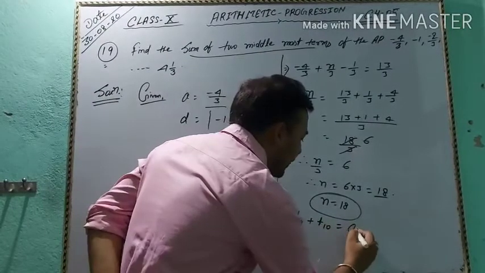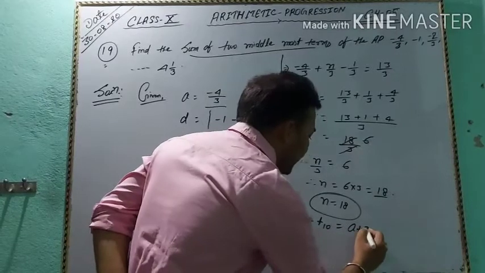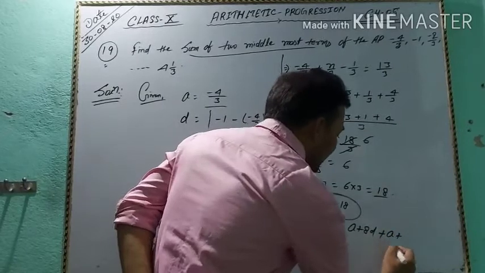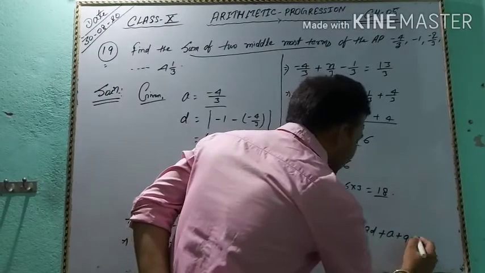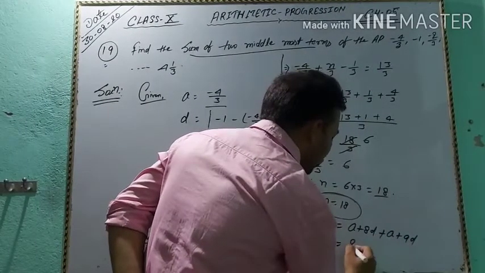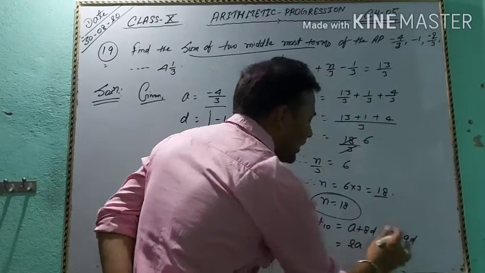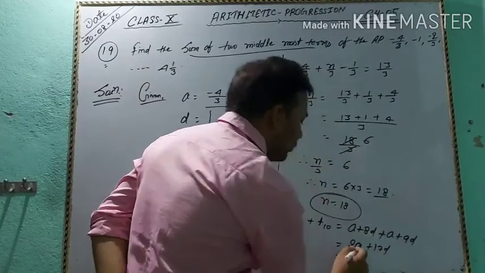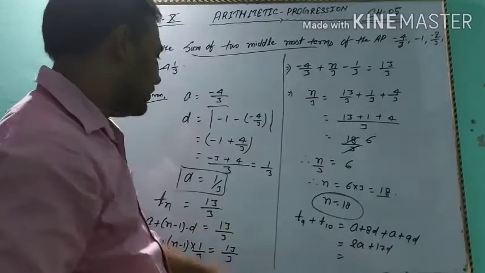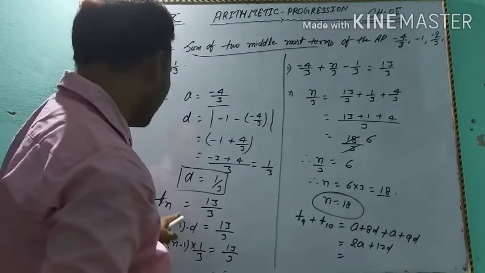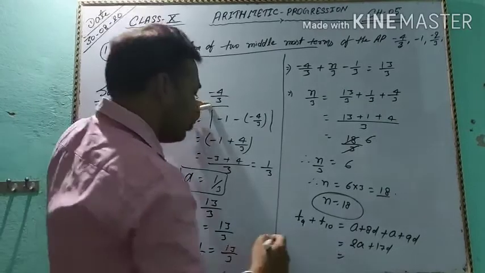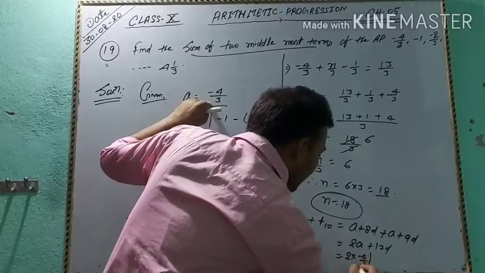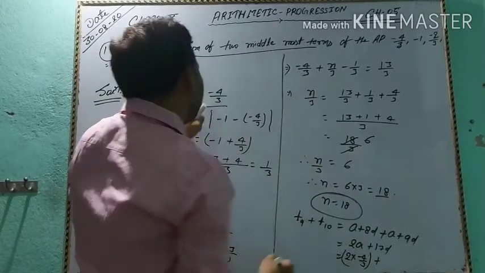T9 is a plus 8d and T10 is a plus 9d. So we get 2a plus 8d plus 9d, that is 17d, and put the value of a and d in this equation. a equal to minus 4 by 3, so that is 2 multiplied by minus 4 by 3 plus 17d.